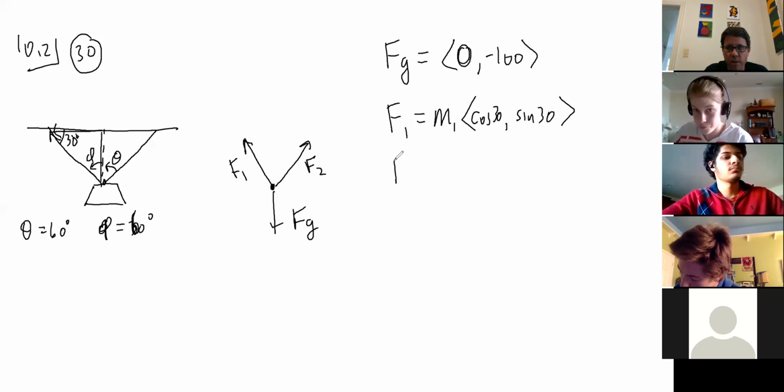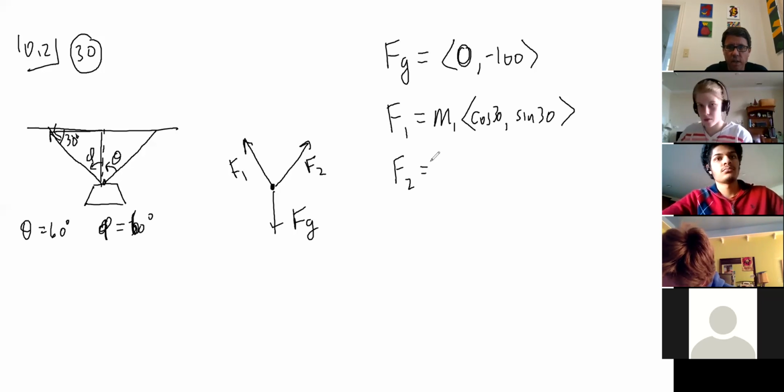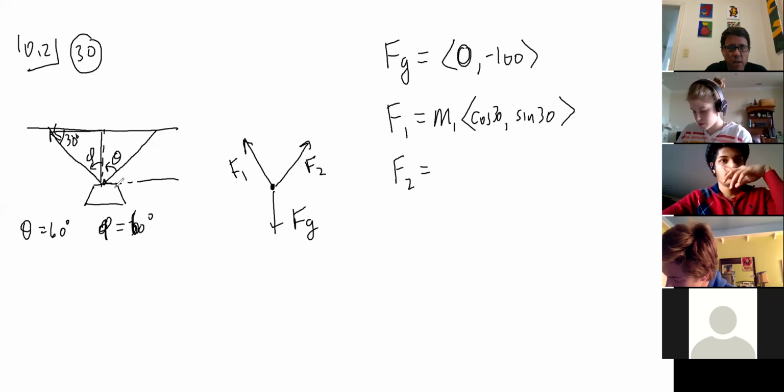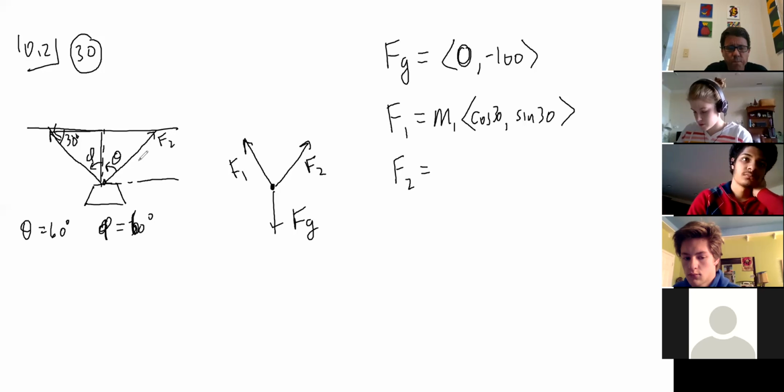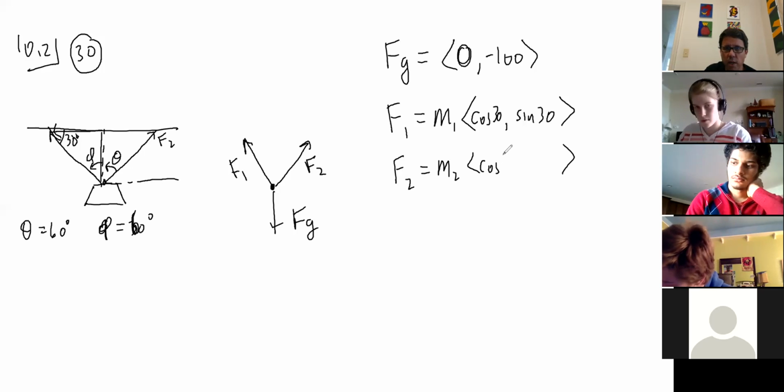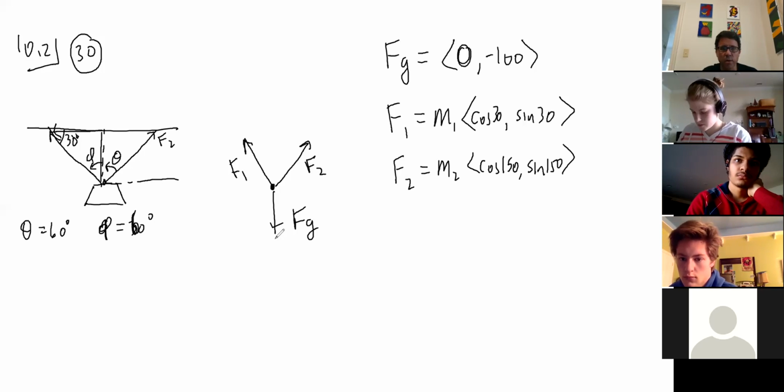That's that vector. The second vector here, I kind of want to base everything off of 30. In order to get the signs correct, I want this to be cosine of 150 and sine of 150 degrees.